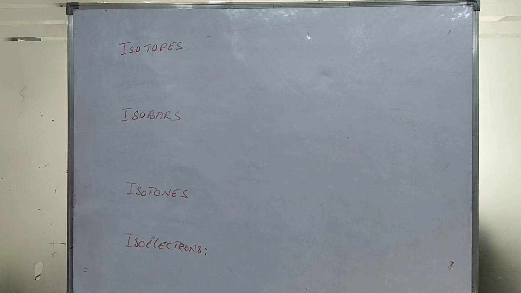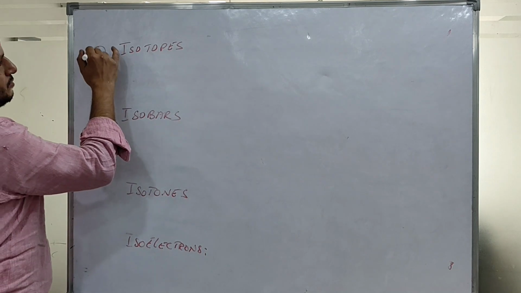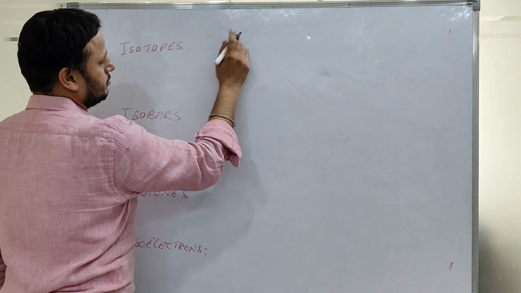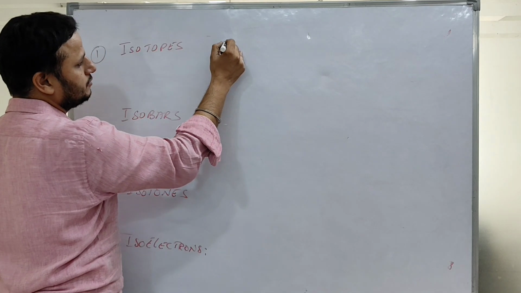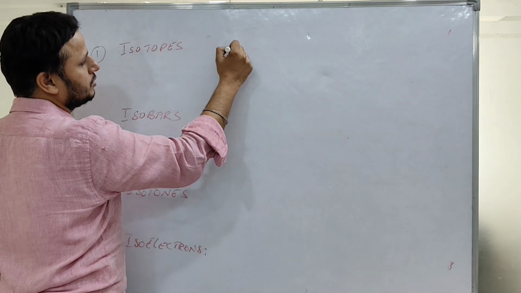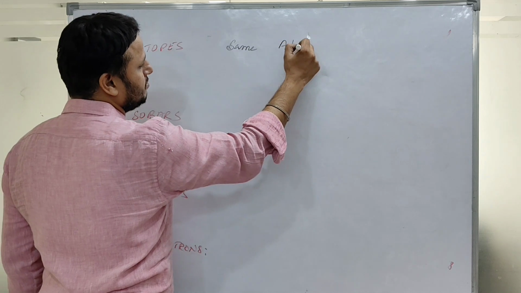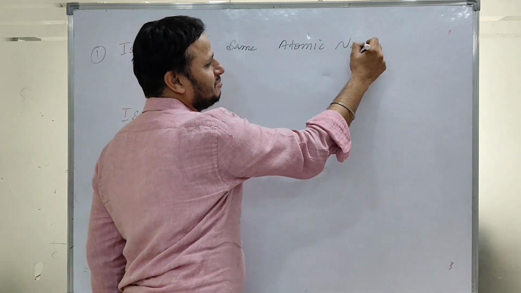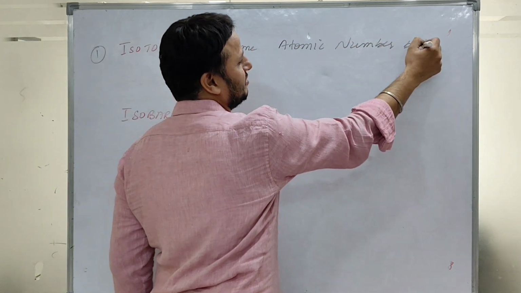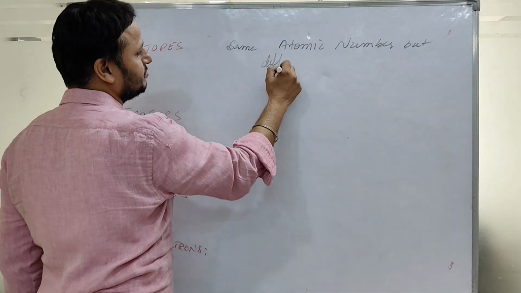So isotopes: atoms, elements having same atomic number, same atomic number but different mass number.